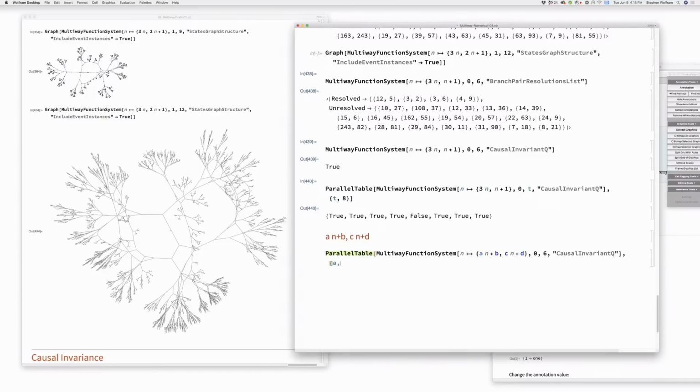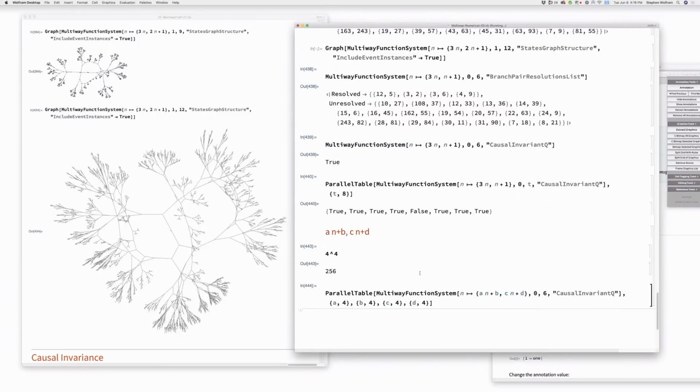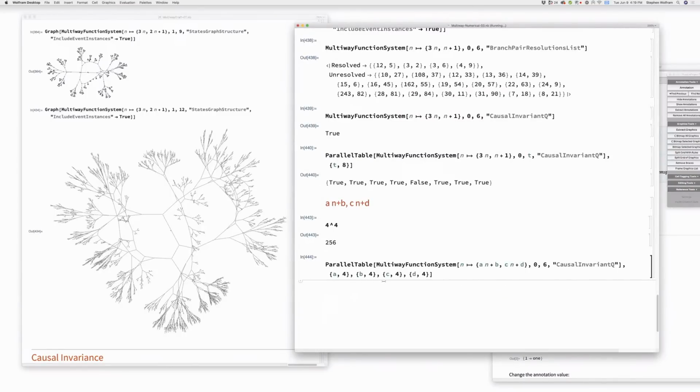Let's say A goes up to, how many do we want? 4 to the 4 is civilized. So we want A up to 4, B up to 4. We might try negative numbers as well, but we haven't done that yet. D up to 4. Okay, who's going to predict what this is going to do? This is going to figure out for which A, B, C, and D this is causal invariant.